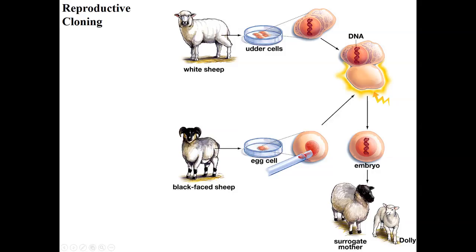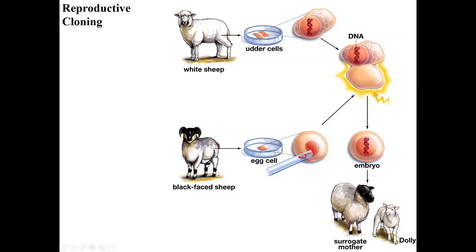Now the cloning, I'm sure you have heard of this. You can take just regular cells and an egg cell from a different sheep. I think you should know this because, I don't know, human cloning is far away, but at least it's been done in sheep.